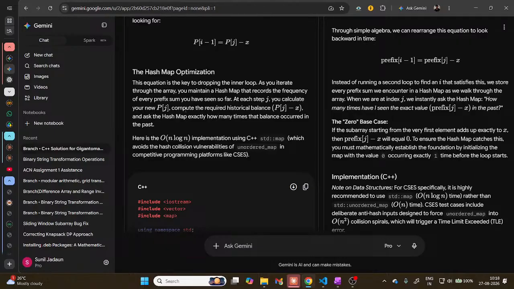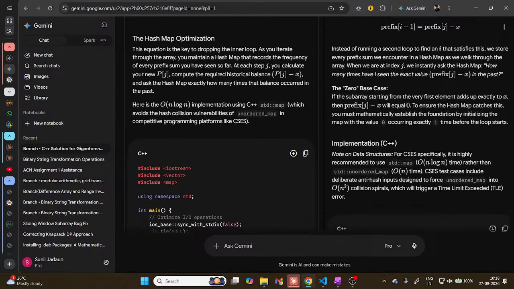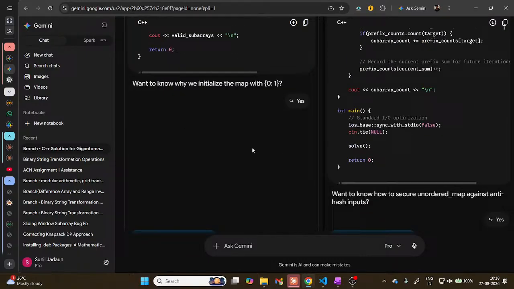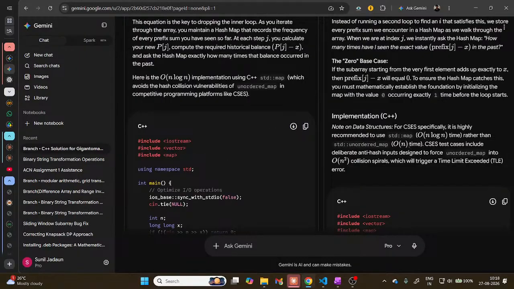At each step j, you calculate your new Pj, compute the required historic balance Pj minus x. Now the hash map tells how many times this balance occurred in the past. It also notes the C++ map versus the collision vulnerabilities in unordered map, and a complete program for CSES. Okay, all right.